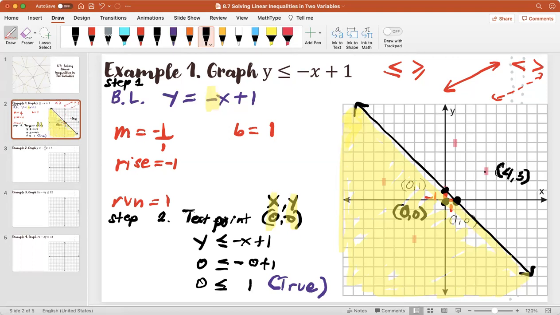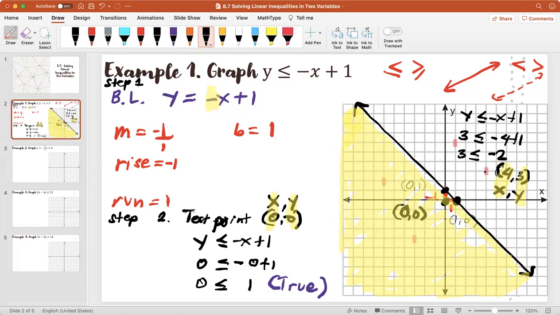So let's check that. If this is the point that we use as a test point rather than 0, 0, then we have x as your 4 and your y 3. So when we plug in that one, we have y less than or equal to negative x plus 1. Your y is 3, right? Less than or equal to negative times your x, 4 plus 1. 3 less than or equal to negative 4 plus 1, negative 3.